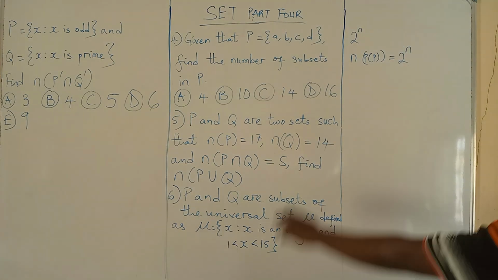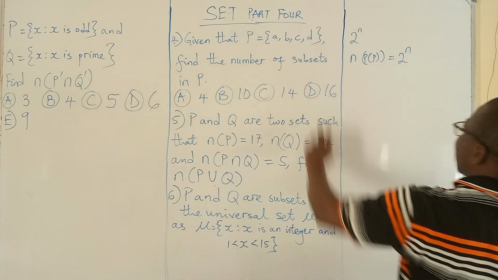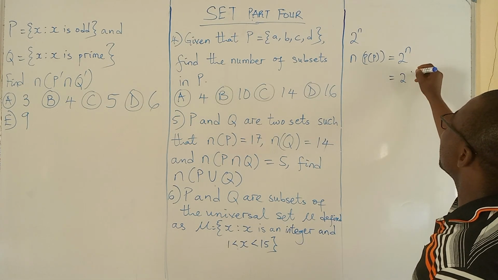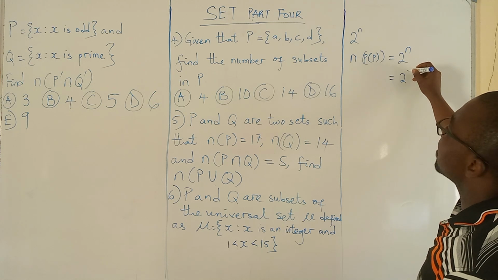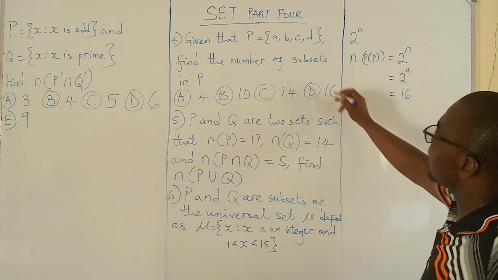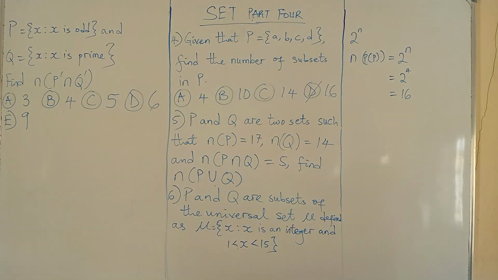And what is n? n refers to the number of elements in that set, in other words, the cardinality of that set. And so that will give us 2 raised to the power of 4, which is 16. And so that is option D.